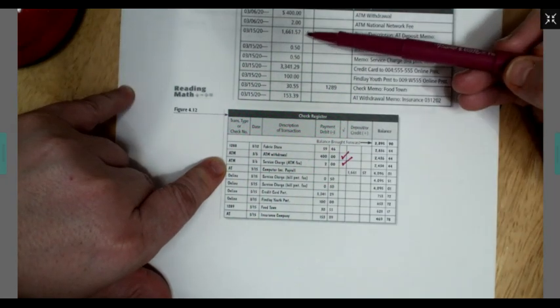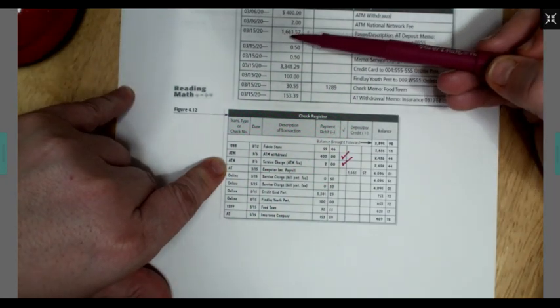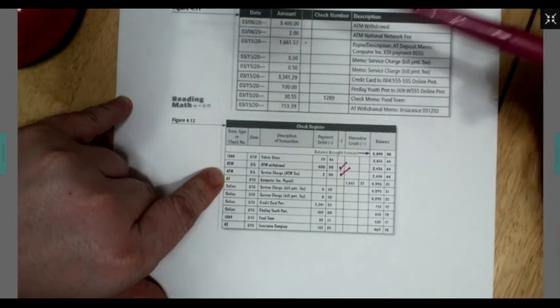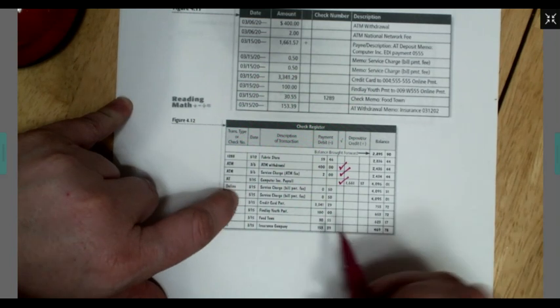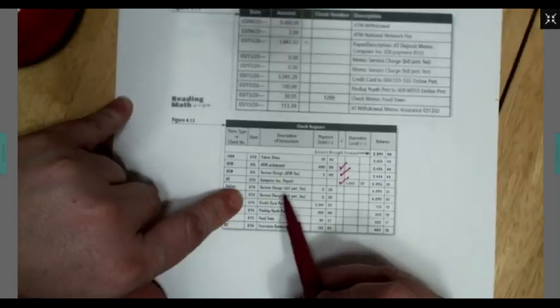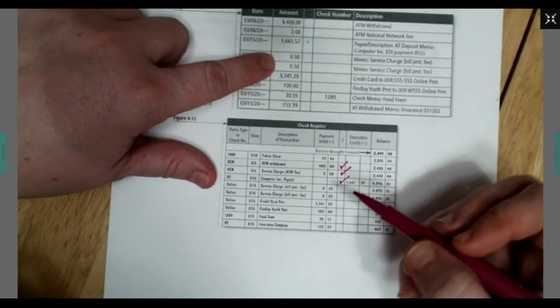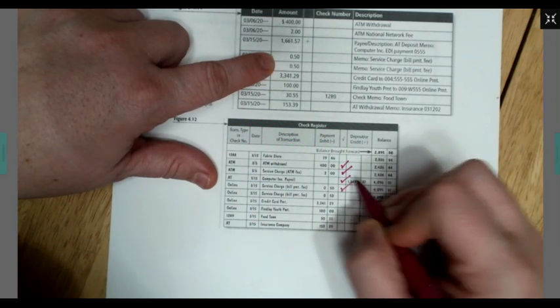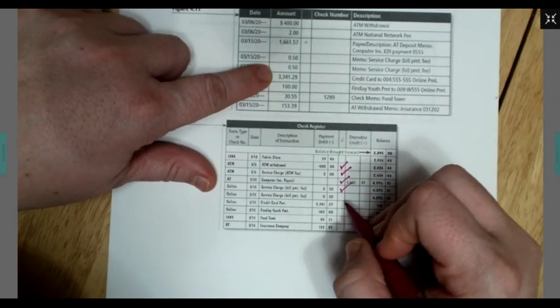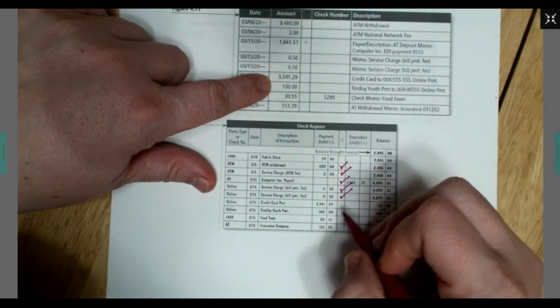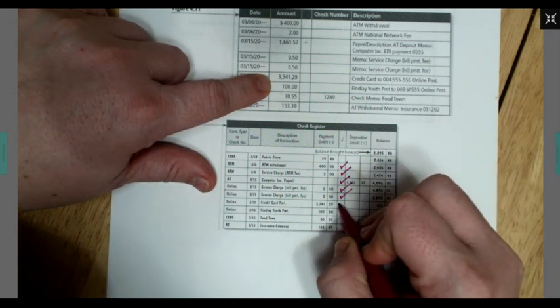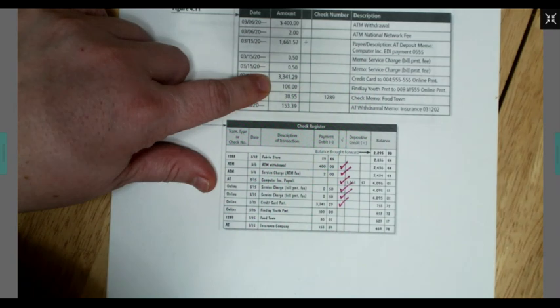It says we have a deposit of $1,661.57, so I put a check here. We have a service charge of 50 cents. That's this location right here. We have another service charge for 50 cents. I have a bill payment for $3,341.29.